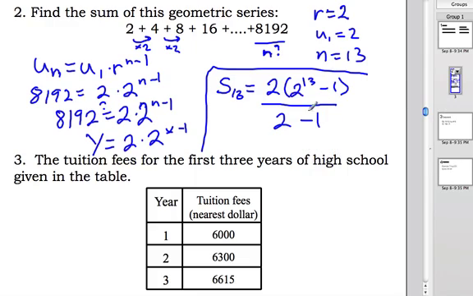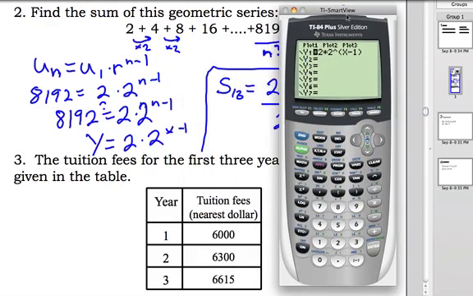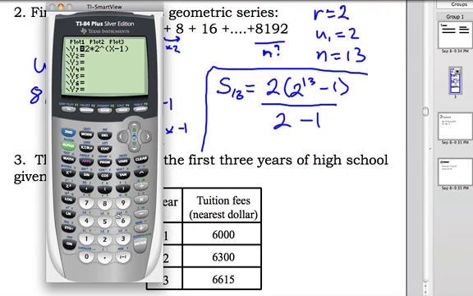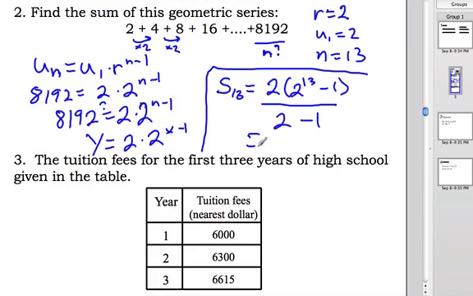Okay, so we worked that out. Actually, we get 1 in the denominator here. So it's going to be 2 times 2 to the power of 13 minus 1. We divided by 1, so we don't need that. And we get 16,382. 16,382 is your answer for that one.